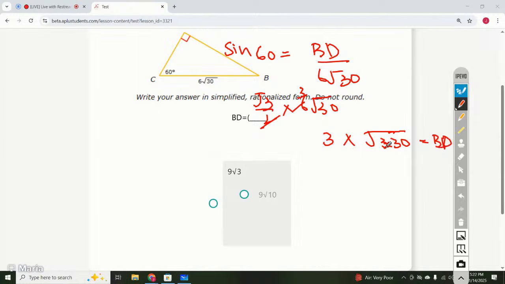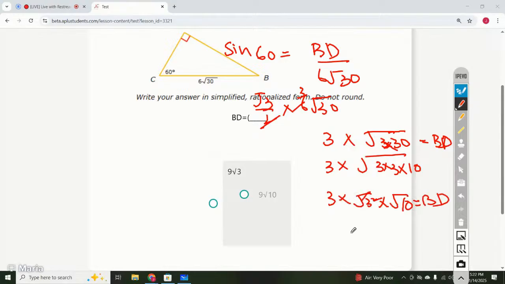Let's just evaluate 3 times 30. 3 times 3 times 3 times 10. So we can write it as 3 times square root 10 equals BD. So 2 and 2 cancel out, that is 9 square root 10 equals BD. The correct option is 9 square root 10.